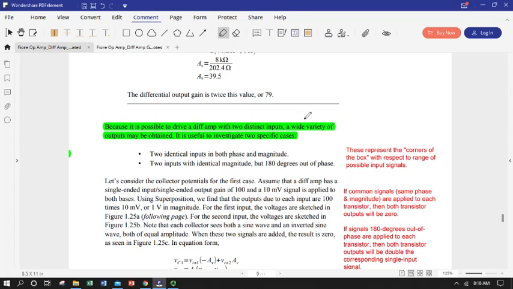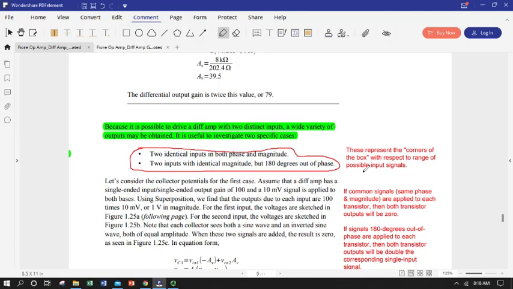to get one output or the other output, knowing that we can look at corner of the box relationships in terms of our inputs being identical but out of phase and our outputs being identical but out of phase, and which ones do we want to take.